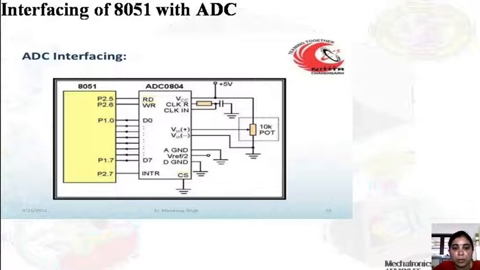The port 1 pins of 8051 are connected to the data pins of ADC. The other important pins, like read pin, write pin and interrupt pin of ADC, are connected to the 5th pin of port 2, 6th pin of port 2 and 7th pin of port 2 respectively.